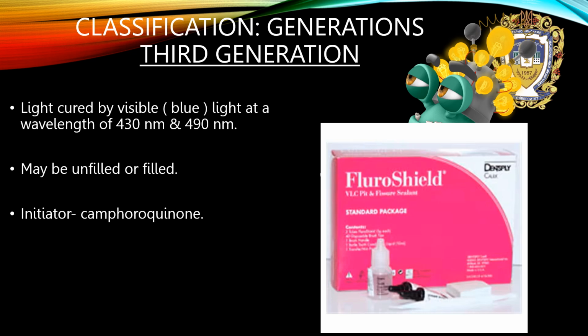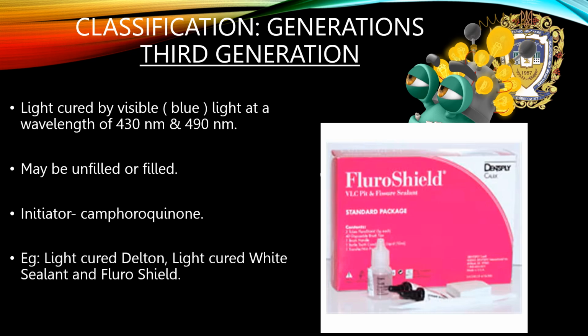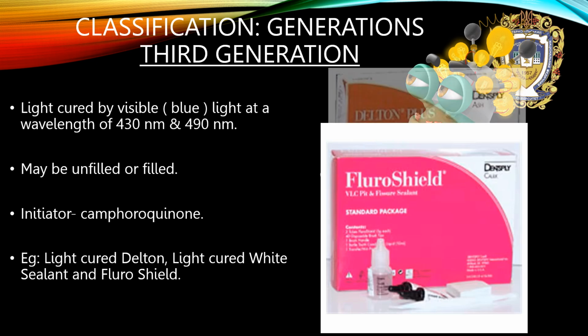The initiator for the polymerizing process is camphoroquinone. Examples of this material are light-cured Delton, light-cured white sealant, and Fluoroshield.